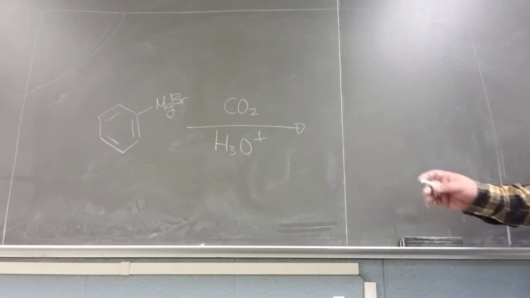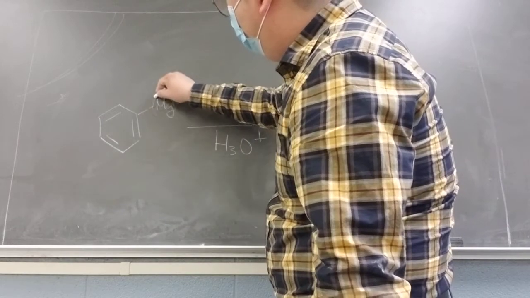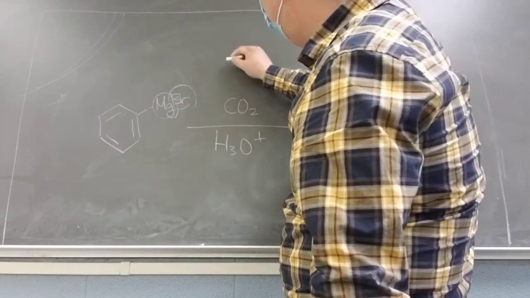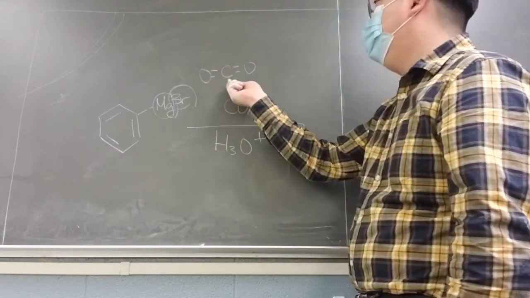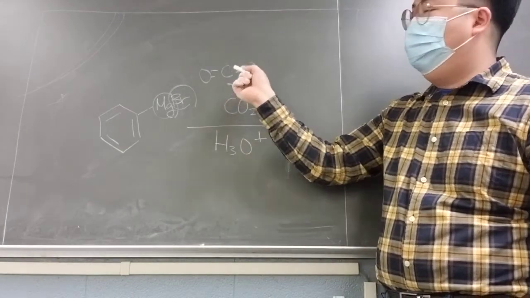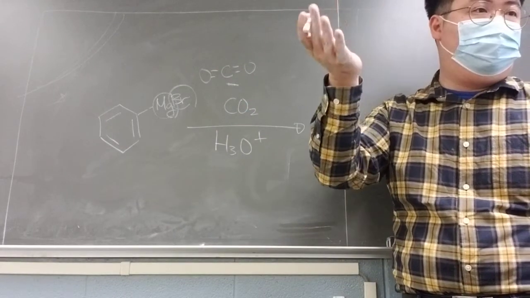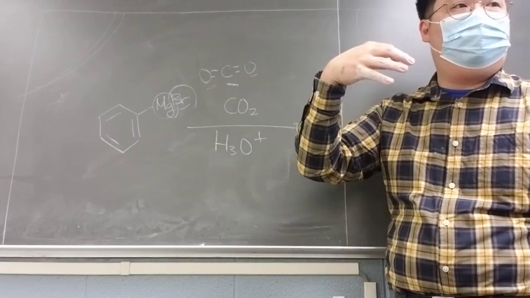Okay, so here's the thing. The only thing you have to remember is this is the metal, and this is the halogen here. Whenever you have carbon dioxide, if you think about this central carbon, it is very electron poor. There are double bonds on both sides, and those very electronegative elements are strongly bound to that central carbon.